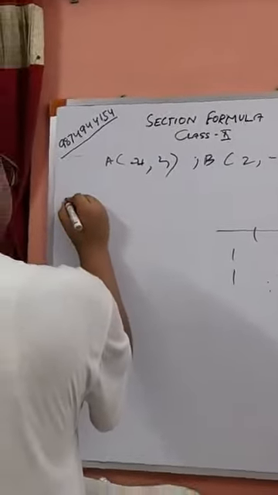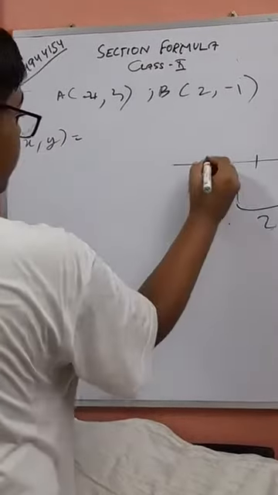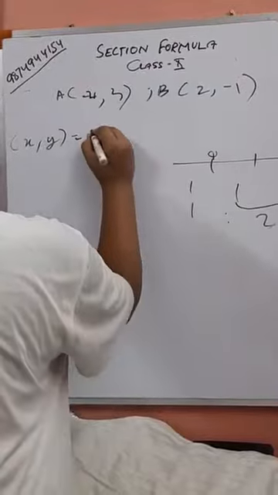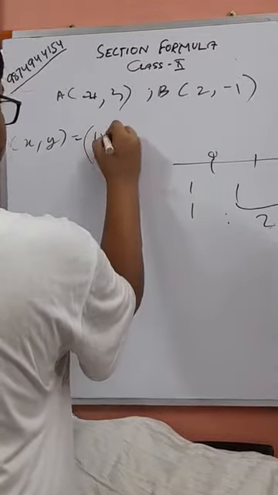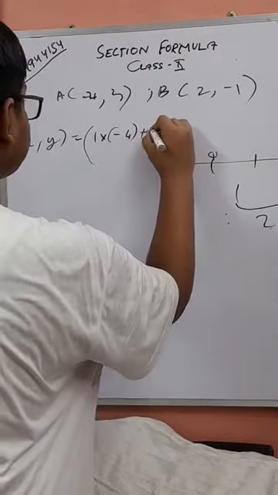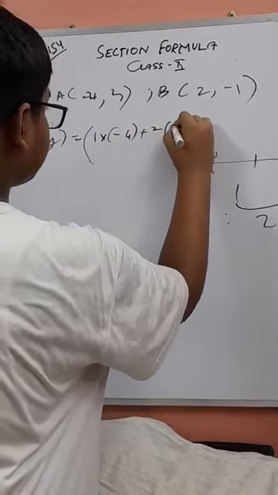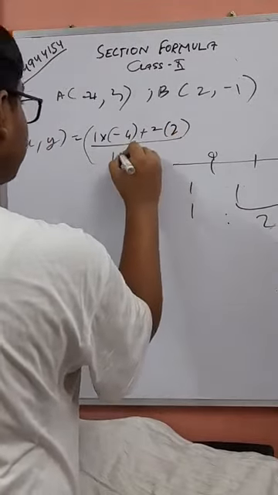Now the formula will be x comma y is equal to, for point Q, this will be my 1 into minus 4 plus 2 into 2 by 1 plus 2.